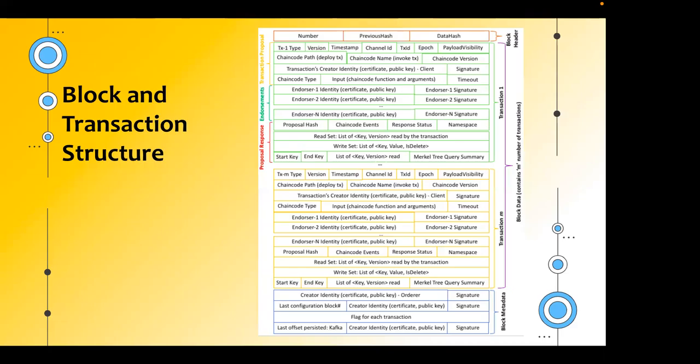If a particular document or transaction is signed by the private key, it can be validated by the public key. So whatever is signed by the private key of an orderer, a peer, or anything, at the end it can be validated by the committing peer.